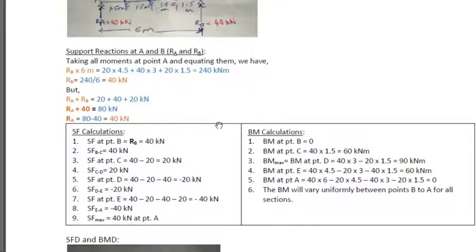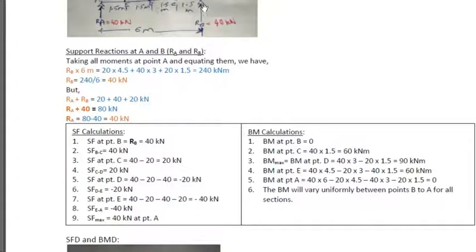Then let us look at the BMs at different points and for the different sections. So BM, again we start from point B. For simply supported beams, you have to remember that the BM at both the support ends is going to be 0.